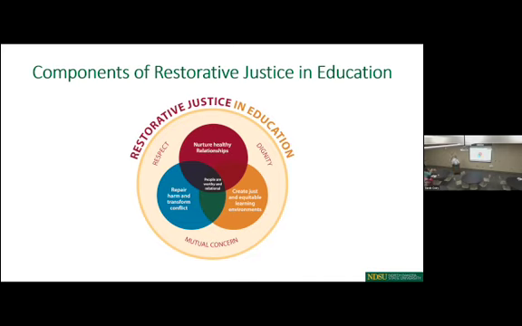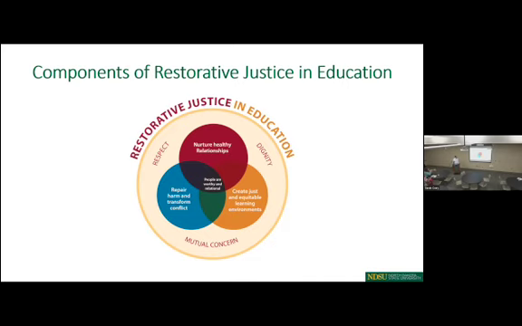The other part is relational. And again, this is something that is different than the traditional ways we deal with harm and conflict, is that we can't separate the individual from community and relationships, because that's what humans are. We are relational with each other, and that's an important part of that. And so everything else that we talk about is derived from the fact that people are worthy and relational.